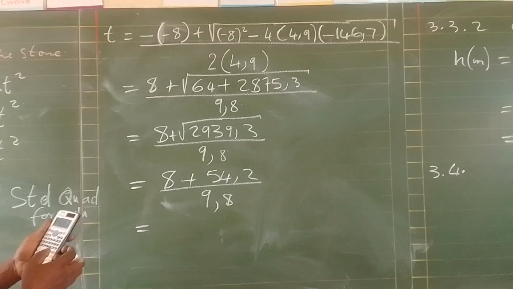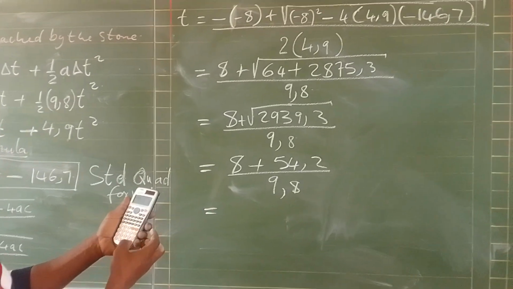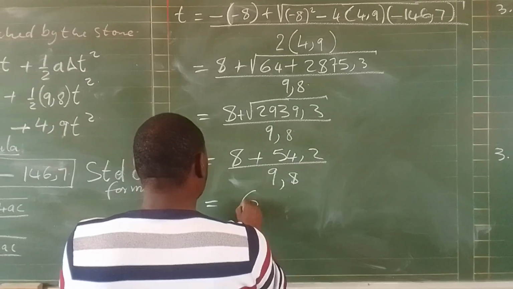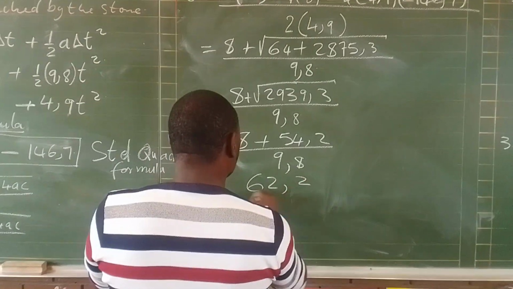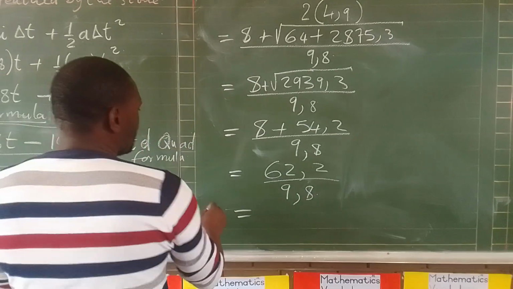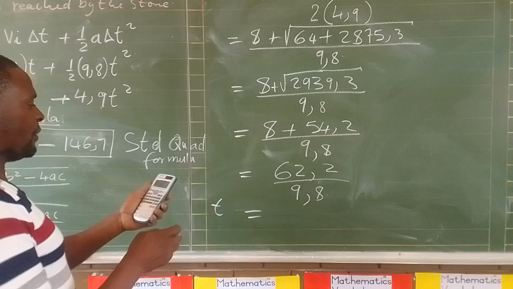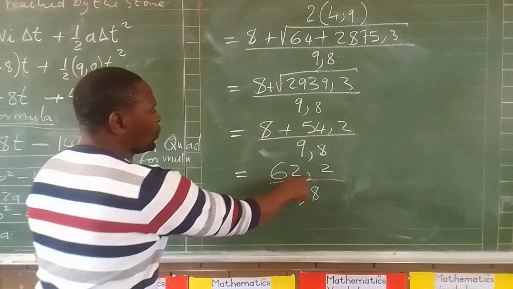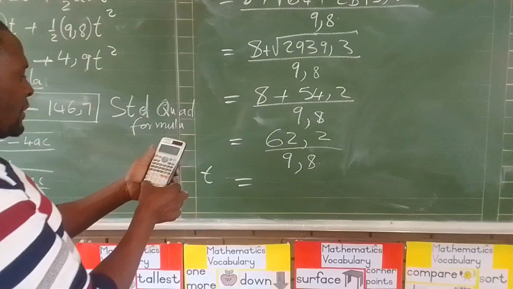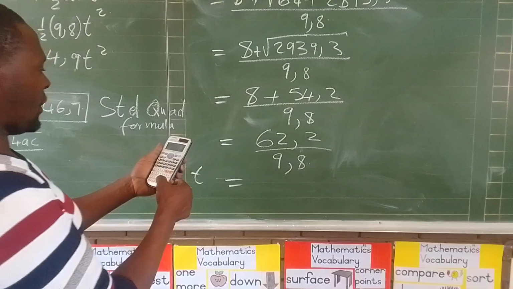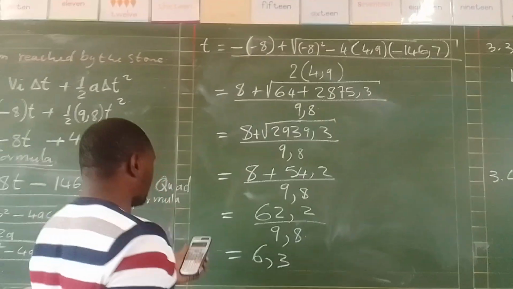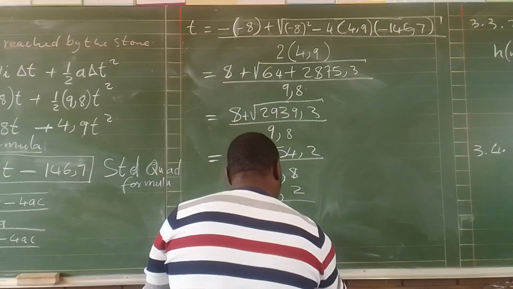Then you add that to 8, and you get 62.2 divided by 9.8. We are looking for t, so it must be in seconds. You divide 62.2 by 9.8. Our answer is 6.34 seconds.